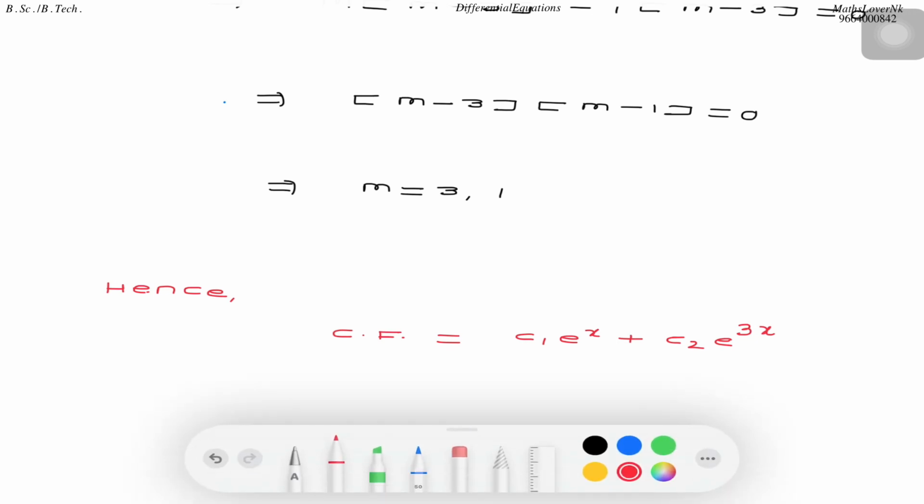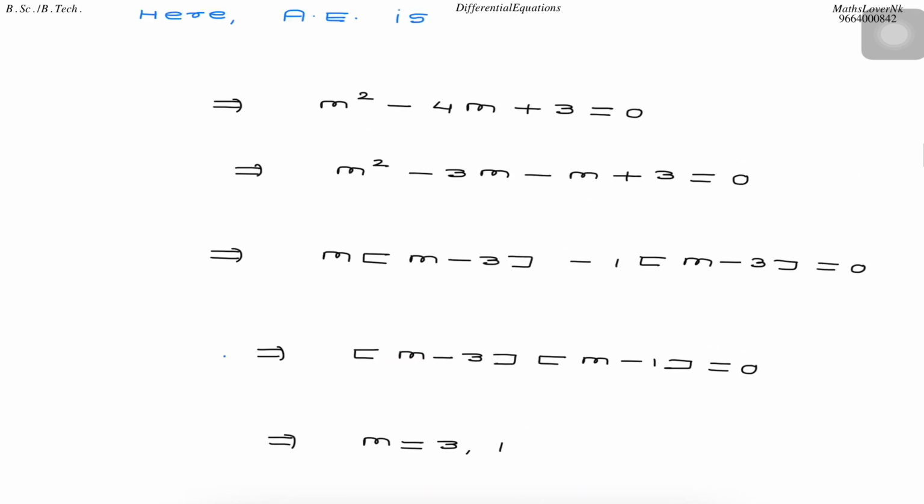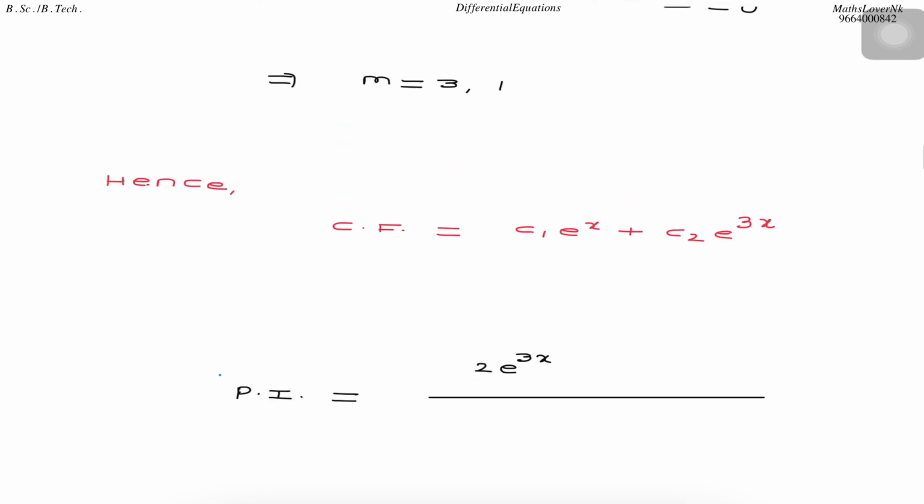Now PI stands for particular integral. For finding the PI, write the RHS part of the given equation in the numerator, that is 2 e to the power 3x, and the function of D in the denominator, that is D squared minus 4D plus 3.